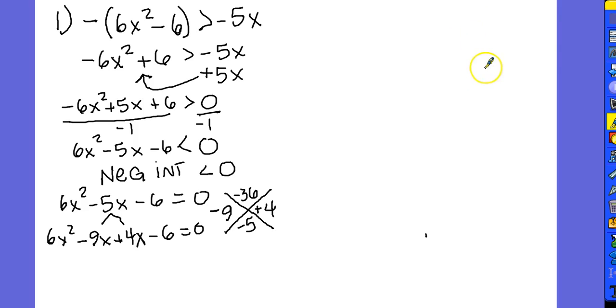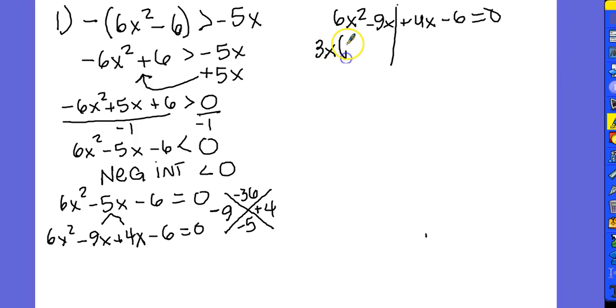Okay. So we're going to take 6x squared minus 9x plus 4x minus 6 and cut it into two groups, front and back. Factor the front and the back like we know how to do. What's our common factor up front? Times 2x minus 3.